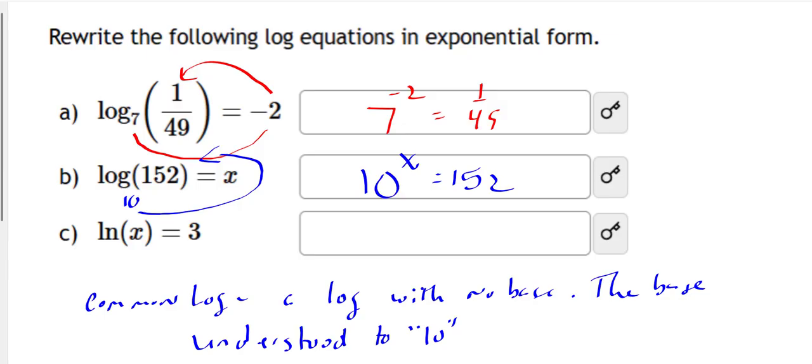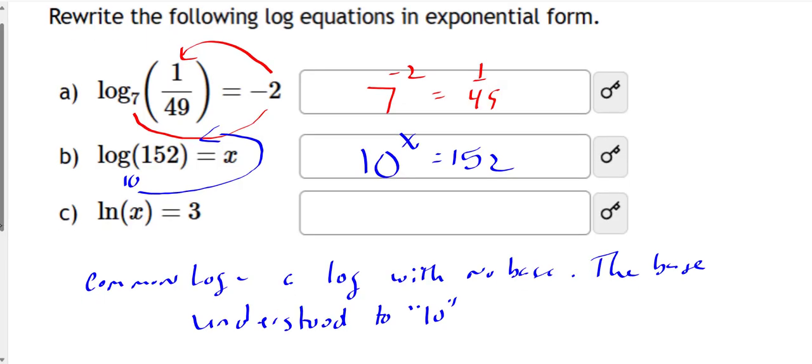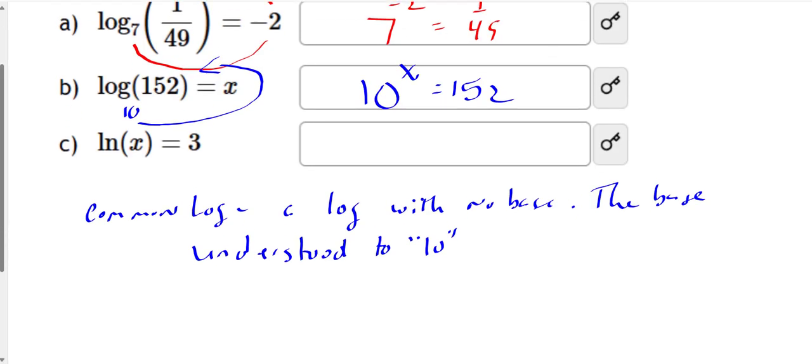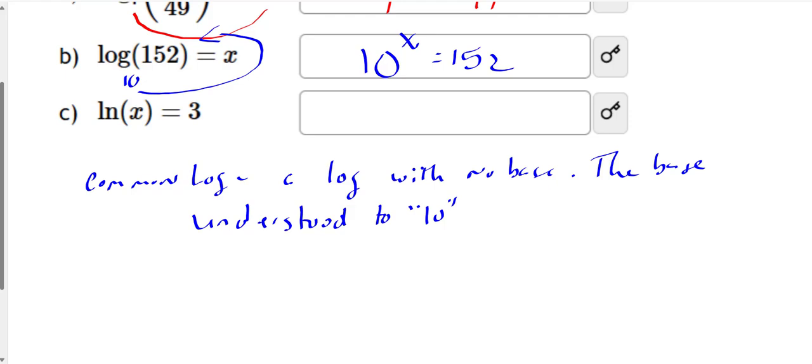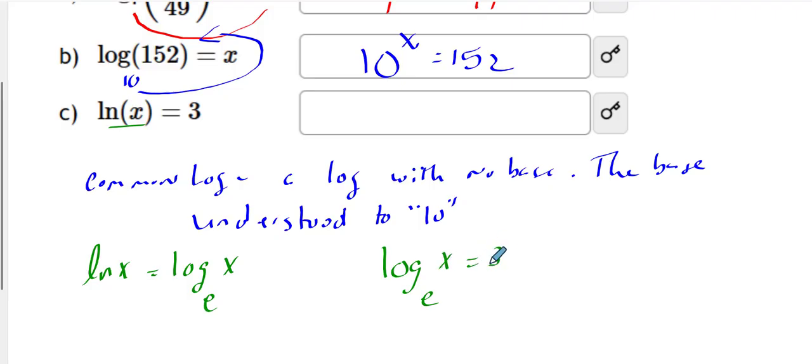All right, now here's where it gets easy, but you just got to make sure that you are doing this. The natural log of x is nothing more than a log to a base of e. So these two things are the same. So I'm going to rewrite the natural log of x as log base e of x equals 3.